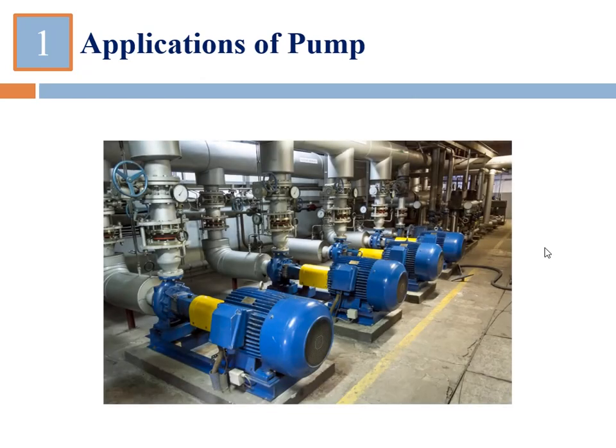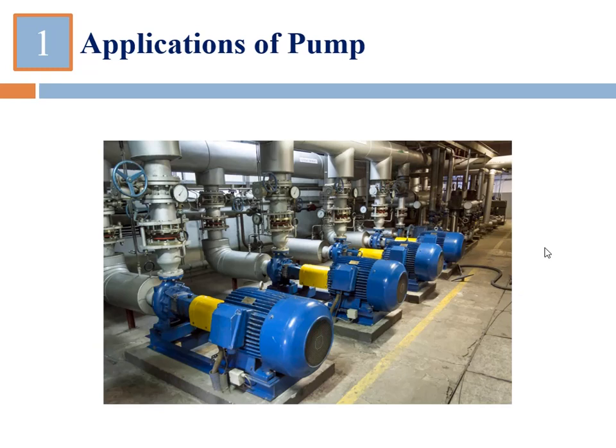Then in water refineries, in some food processing industry, to transfer the liquid from one location to another location. In boilers also, to circulate the water, to deliver the water. Boiler means a thing which we use to convert the water into the steam.